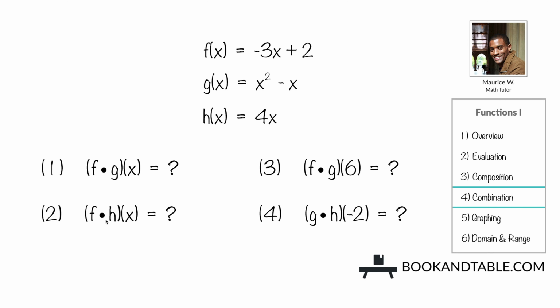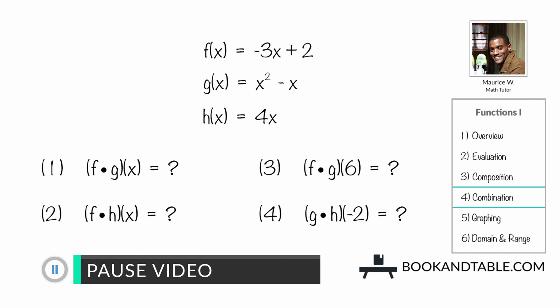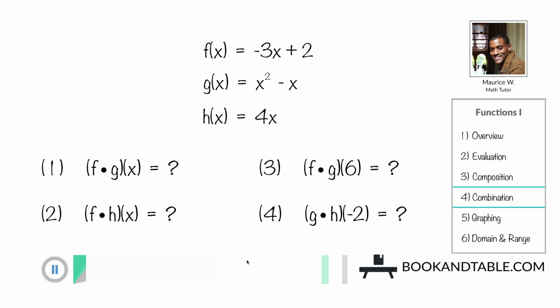What is f times h of x equal to? Question number 3. What is f times g of 6 equal to? And question number 4. What is g times h of negative 2 equal to? Pause the video, answer these questions, and then press play when you are ready to begin.